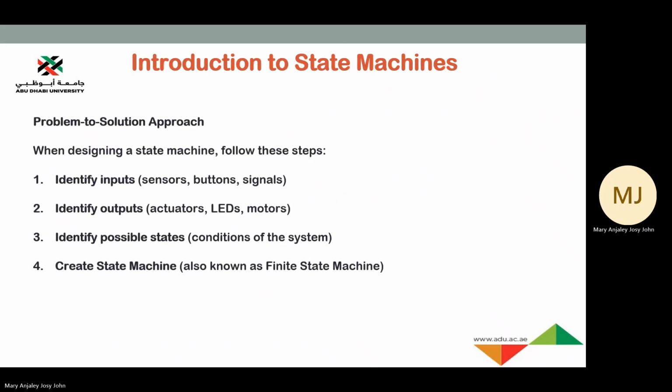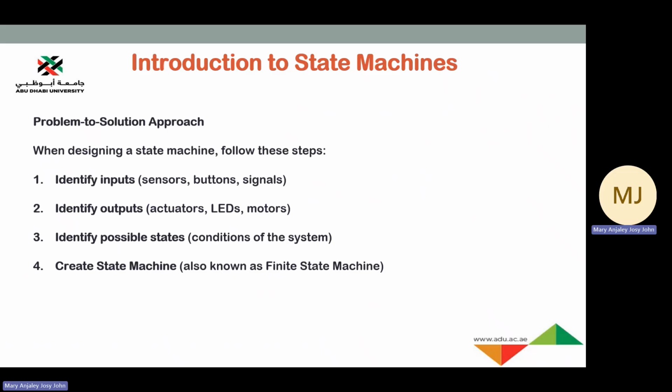Now, for any problem in this course, we need to have some sensors, some actuators, some outputs. There would be some LEDs, and we need to know what the different states in between would be. For example, the switch cases, like in any room, for the projector, we will have like 6 or 8 switches. And we know if we press that, this will happen.